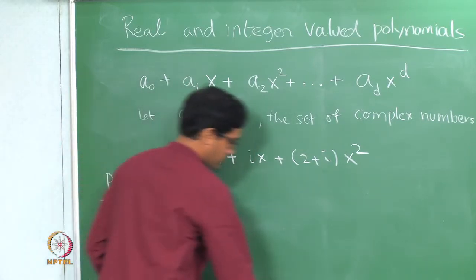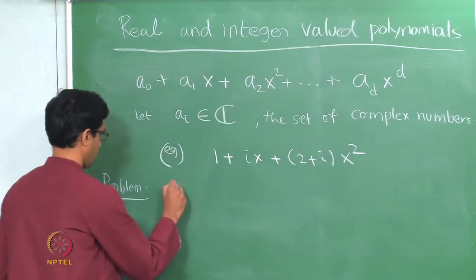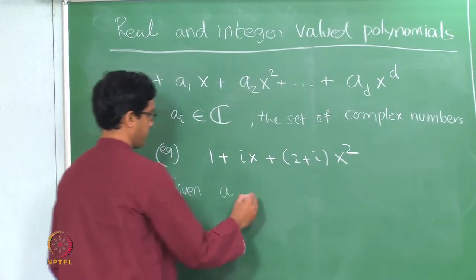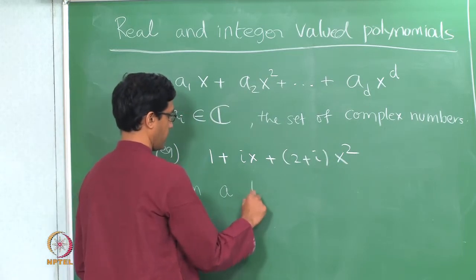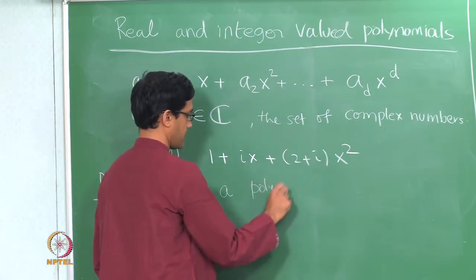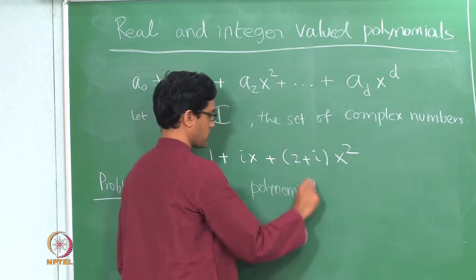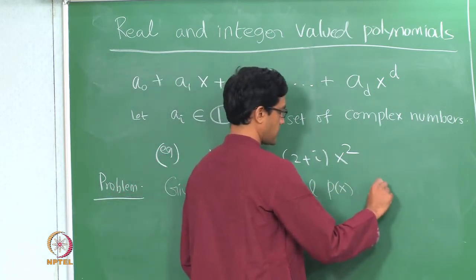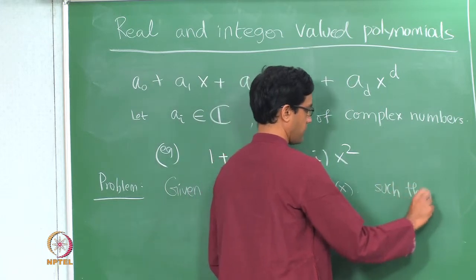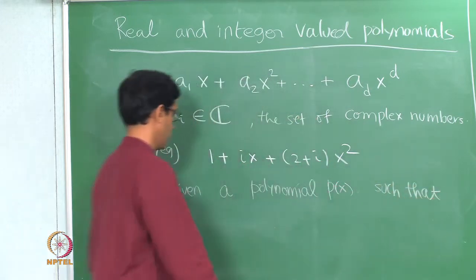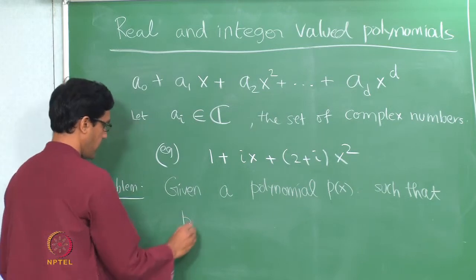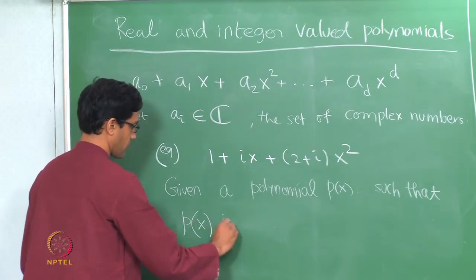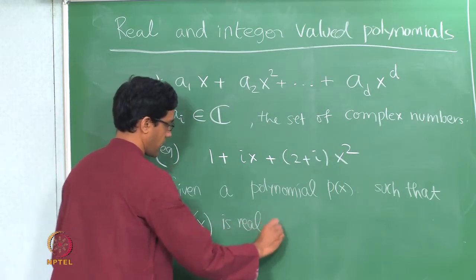Given a polynomial as above, p of x with complex coefficients, with an additional condition that p of x is real whenever x is real.